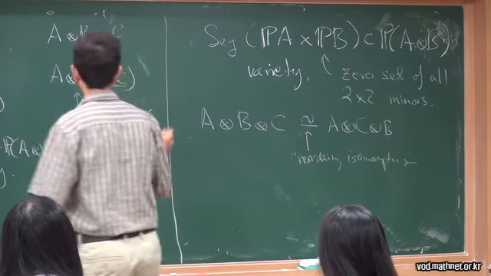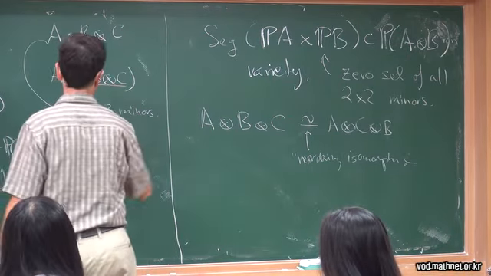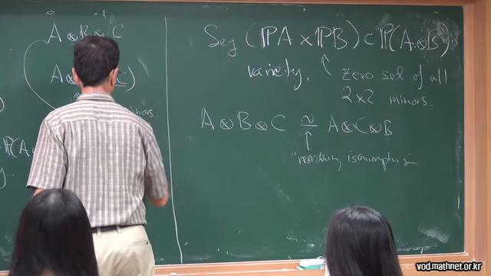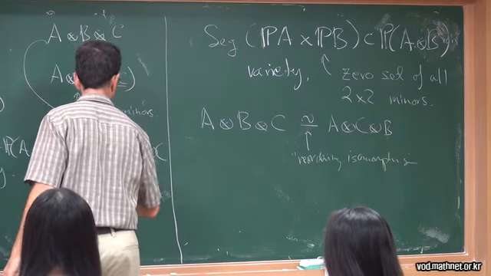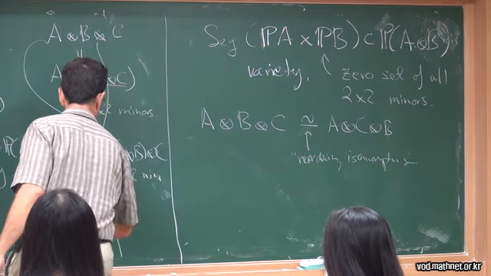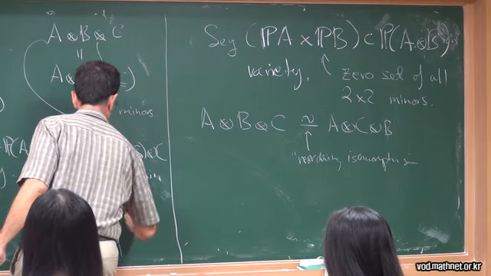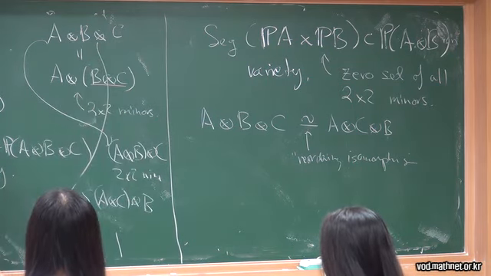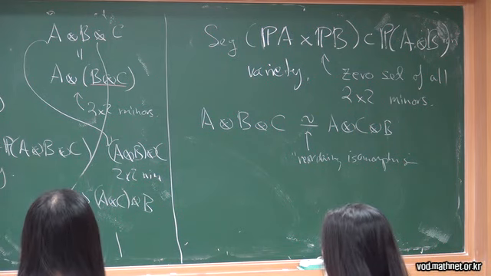So in particular, I can also write this space as A tensor B tensor C, and then take more 2 by 2 minors. And I think that's all the tricks I see.